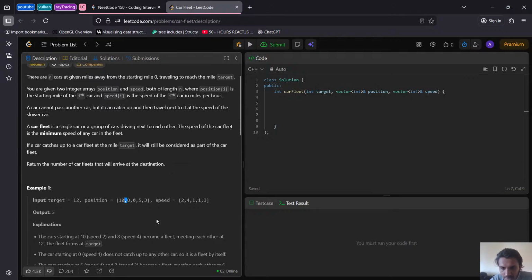If we add 10 plus 2, then 8 plus 4, then we are moving through the equation. We'll see if there is any similarity. We pop that one.